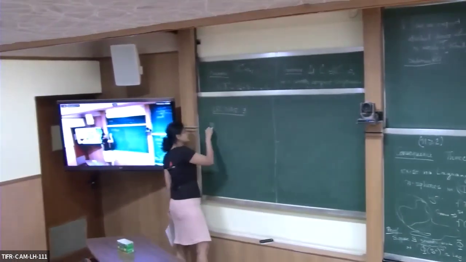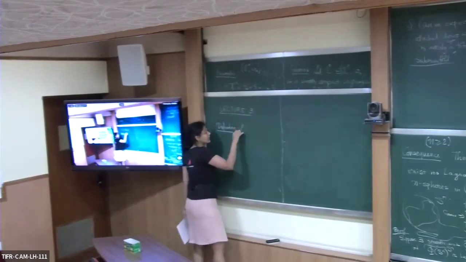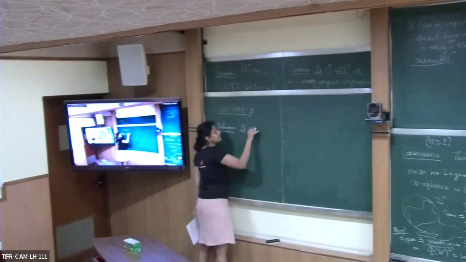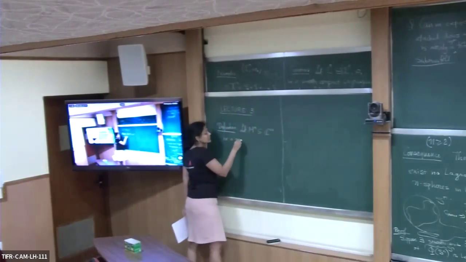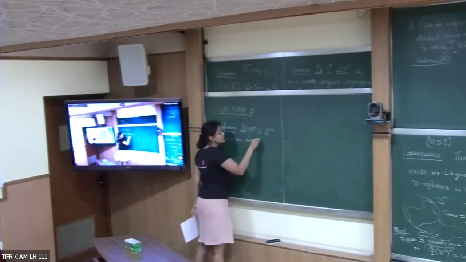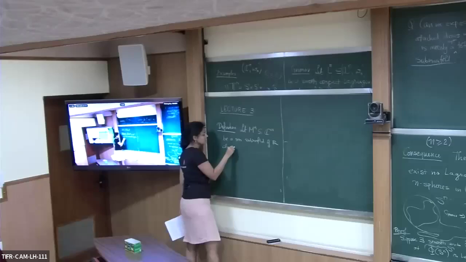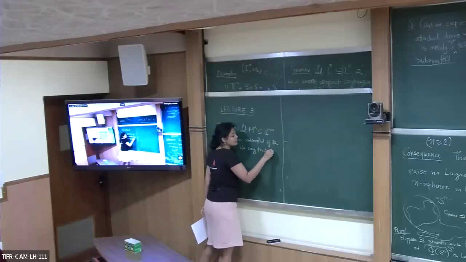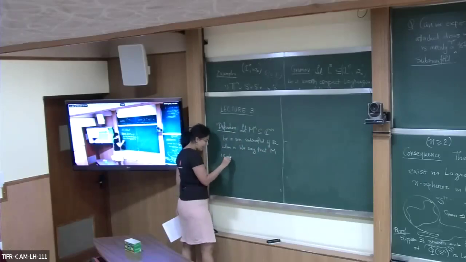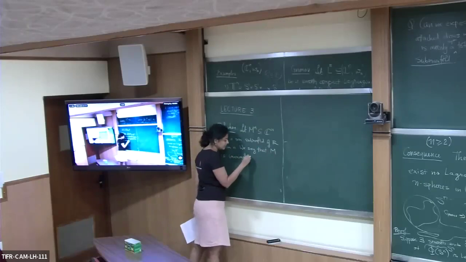Okay, so definition. Let M in Cn be a smooth submanifold of real dimension n. Say that M is maximally totally real. I'll always work with maximally totally real.